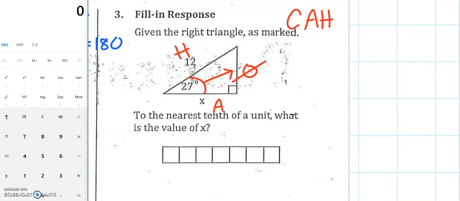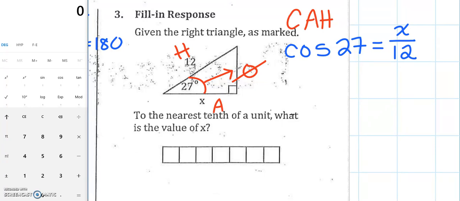So let's set up our trig function here. Cosine of our angle, in this case it's 27, equals the adjacent side, which is x, over your hypotenuse of 12. Now, when you have the numerator of your fraction being a number, to get rid of that denominator and to get your final answer for x, we're going to multiply both sides by 12.